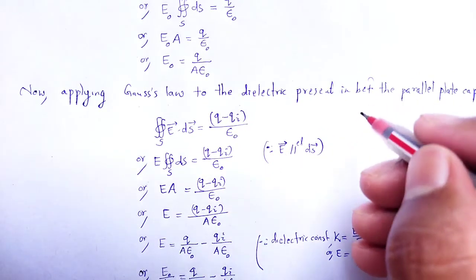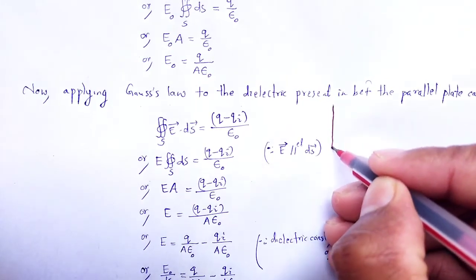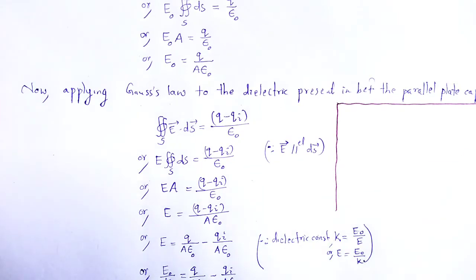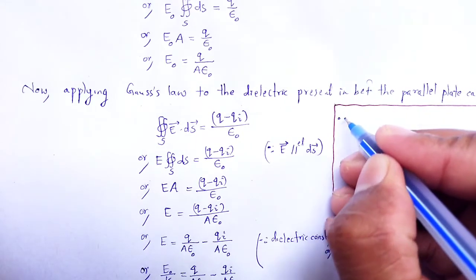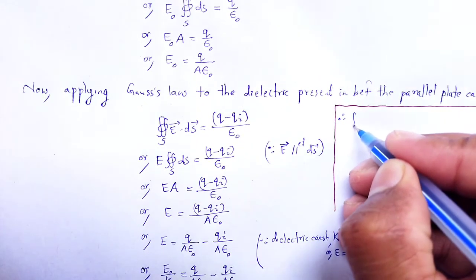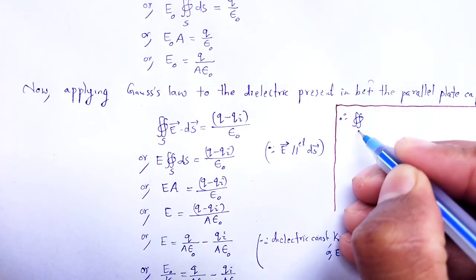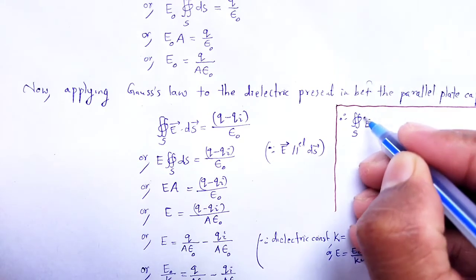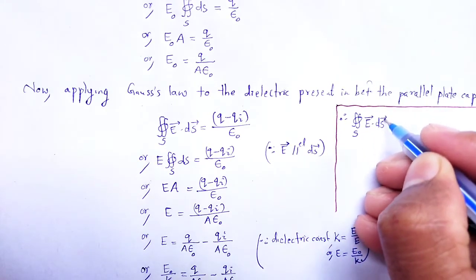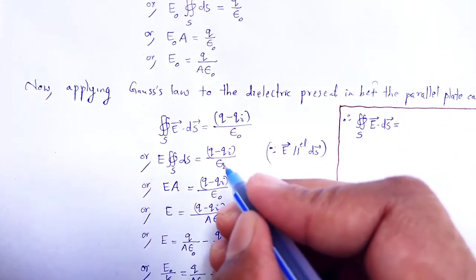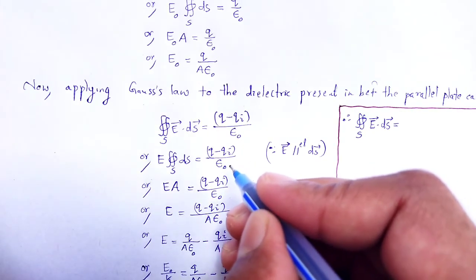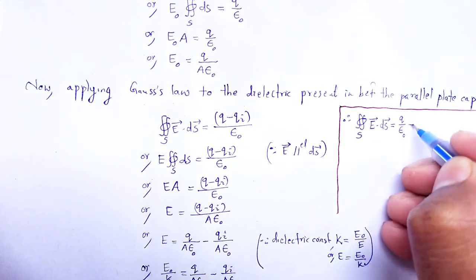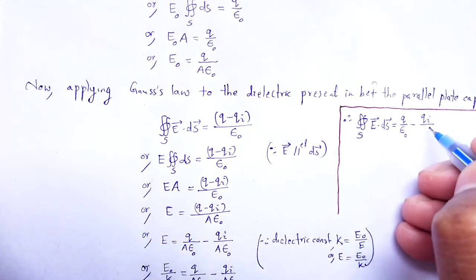Gauss law in case of dielectrics. Therefore, closed surface integration over S of E dot ds is equal to Q by epsilon naught minus Qi divided by epsilon naught.